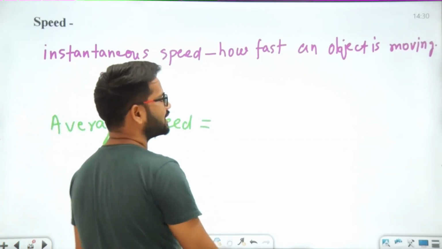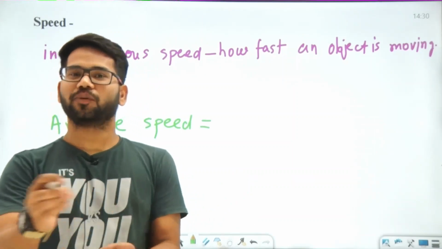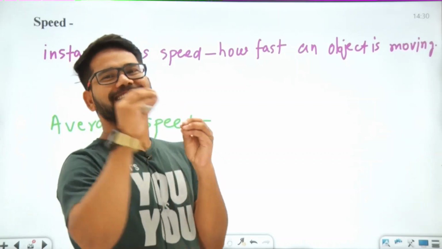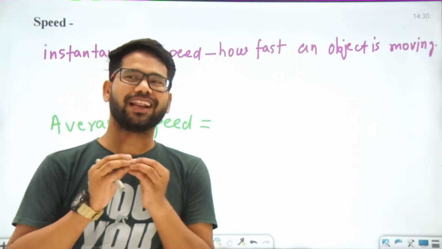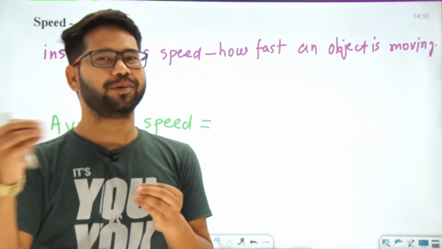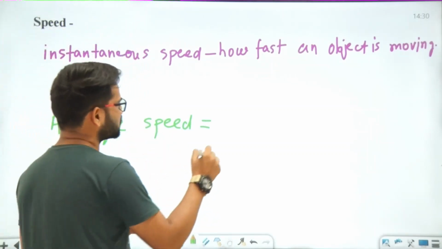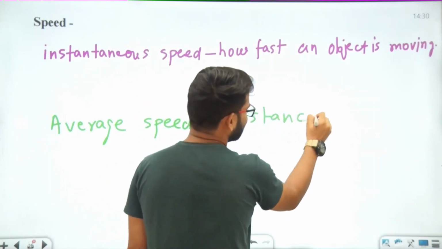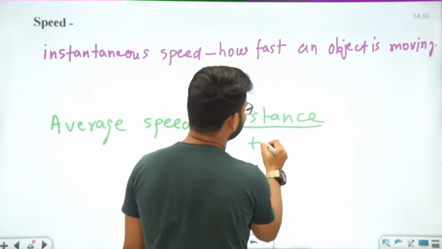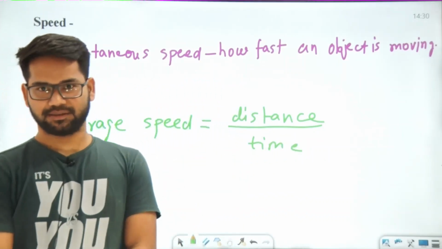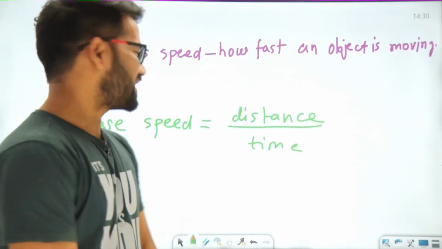Students, average speed is distance over time. If you are going from one city to another, somewhere you will be moving fast, somewhere slow, right? So overall, how much distance you have traveled and in how much time, that will be our average speed. I hope you understand.